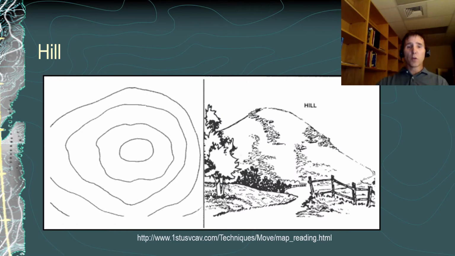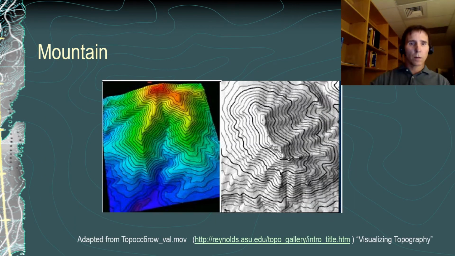It's often confusing when determining the difference between a hill and a mountain on a contour map. For our purposes, we define a hill as having rounded contour lines with a fairly dome-like summit. The contour lines are regularly spaced. And a hill is always a lower elevation than a mountain.